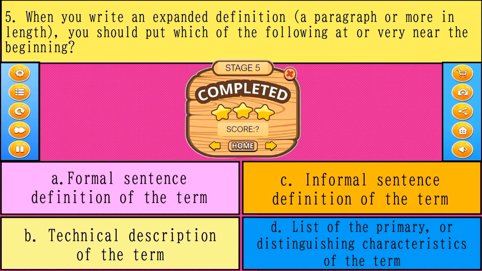Letter C, informal sentence definition of the term. Or letter D, list of the primary or distinguishing characteristics of the term. Answer is letter A, formal sentence definition of the term.